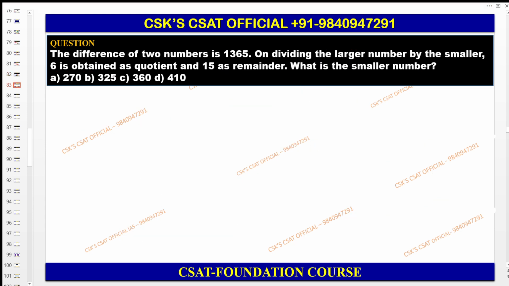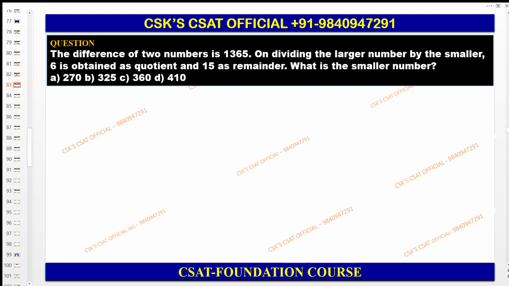So next question. The difference of two numbers is 1365. On dividing the larger number by the smaller number, 6 is obtained as a quotient and 15 is obtained as a remainder. What is the smaller number? Very important model, learn this thing.